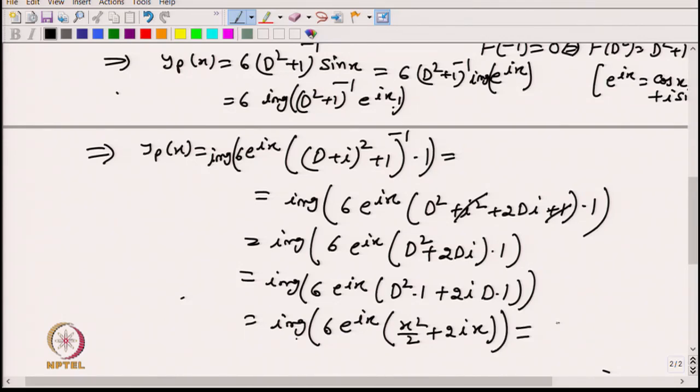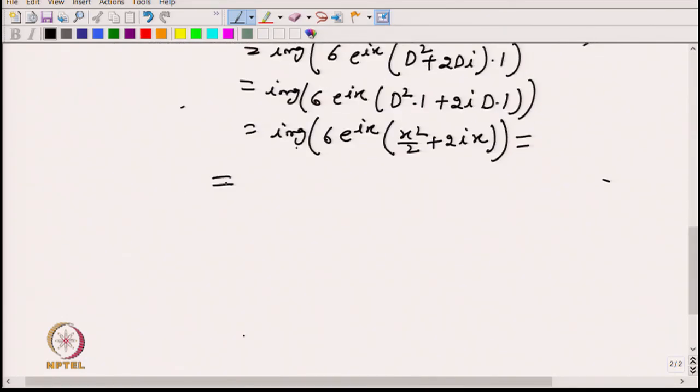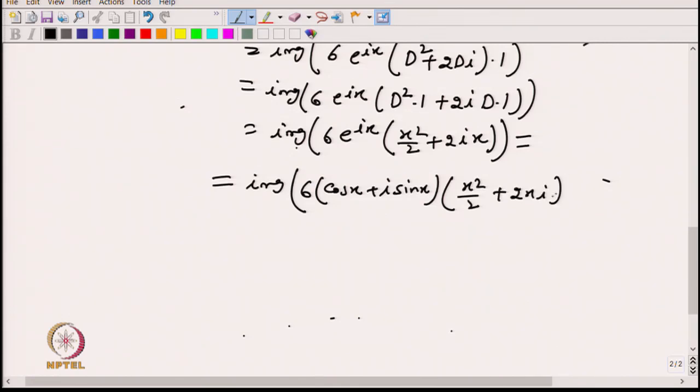So after doing this, I just want to take the imaginary part of 6 e^(ix), and this equation can be further reduced. Now it becomes 6, and this is cos x plus i sin x, multiplied by x squared by 2 plus 2xi. Now I want to find the imaginary part.